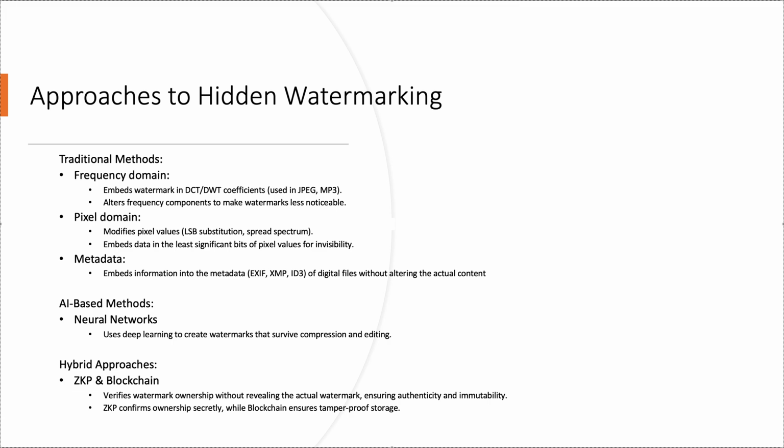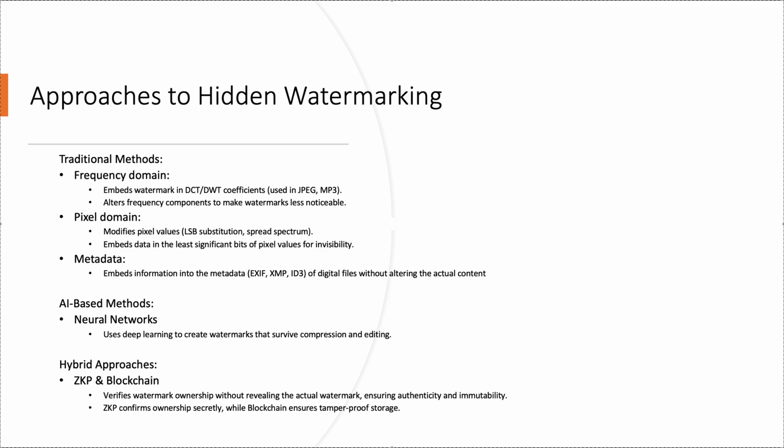We can flip it from 0 to 1 or vice versa, and your eye won't notice the difference. By systematically modifying these LSBs across the image, we can embed substantial amounts of data invisibly. Spread spectrum techniques take this further by distributing the watermark across many pixels, making it even more robust and harder to remove.